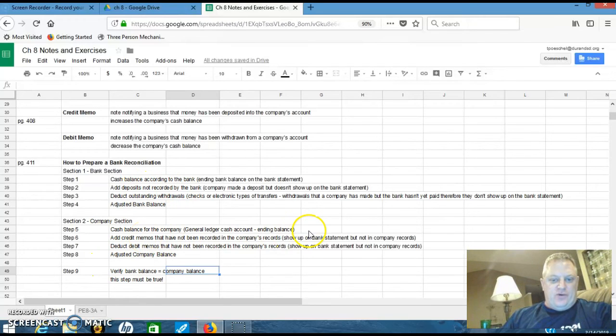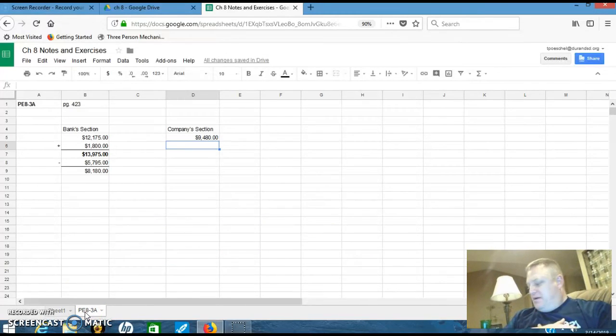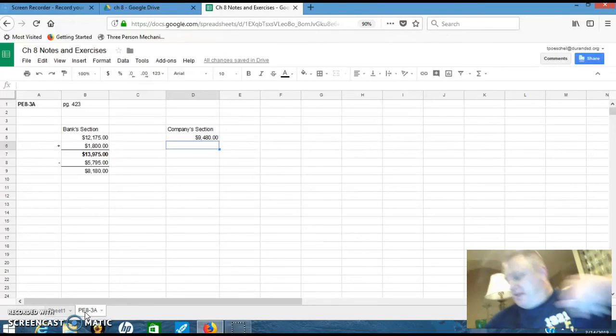Okay, so it'll show up on the bank statement and on the company records. So add anything that the bank's added for us. If we look at that, the bank service charge is something that we need to subtract. We need to subtract the NSF check, so that's nothing. So we really don't have to add anything on this.